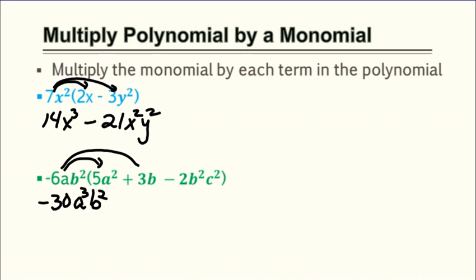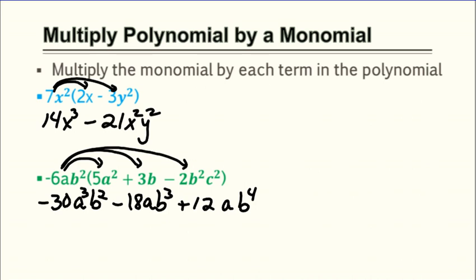Negative 6ab squared times 3b would be a minus 18ab cubed. And negative 6ab squared times a negative 2b squared c squared gives us a positive 12ab to the fourth c squared. No like terms in any of it, so our answer remains what you see.